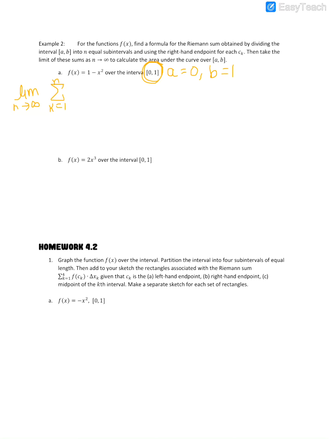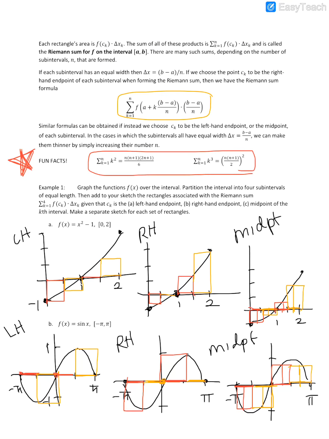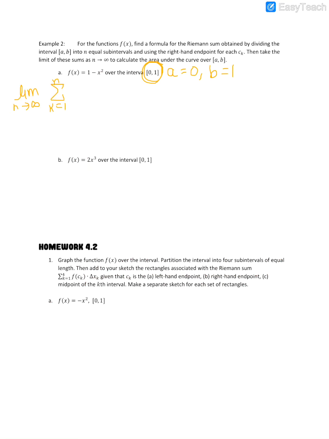So first thing I want to do is figure out my a plus k times (b minus a) over n. So I have 1 minus a, a is 0, plus k is k, times b minus a, that's 1 over n.